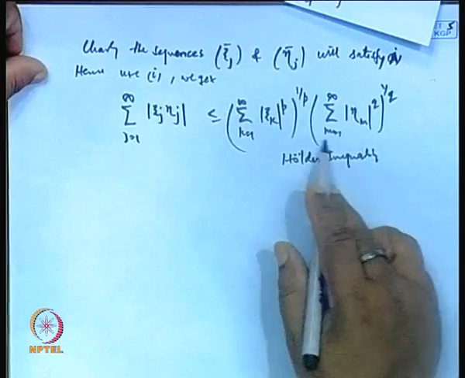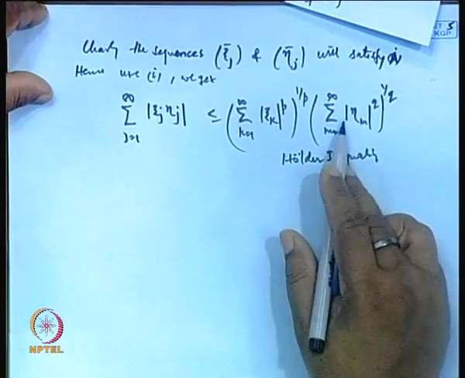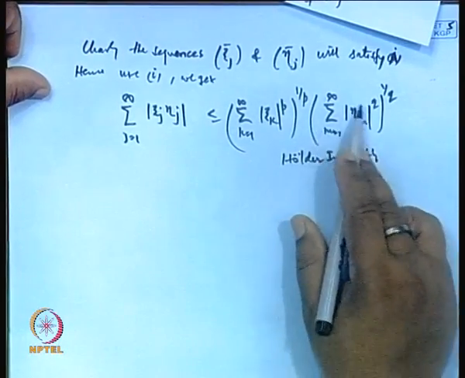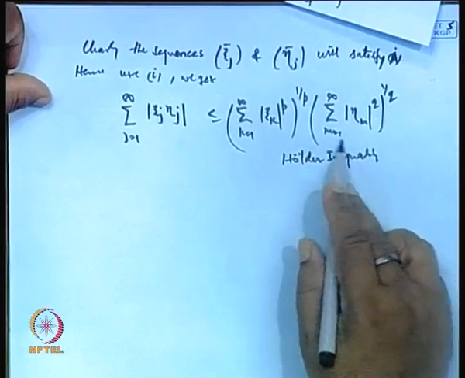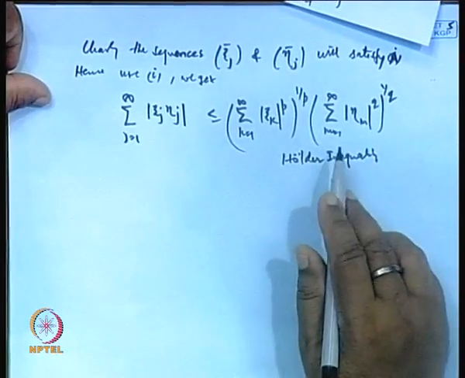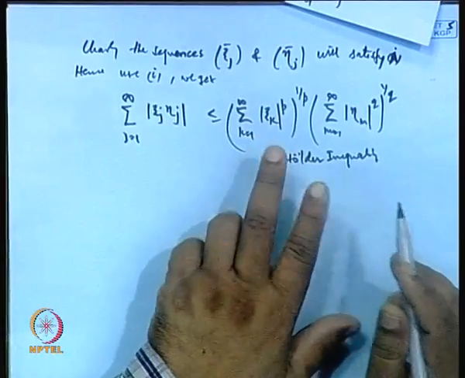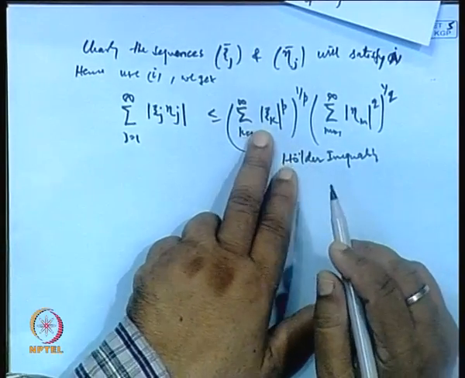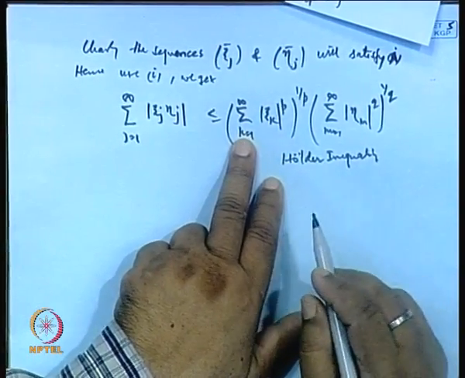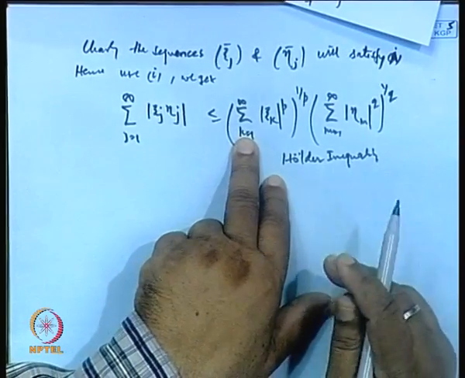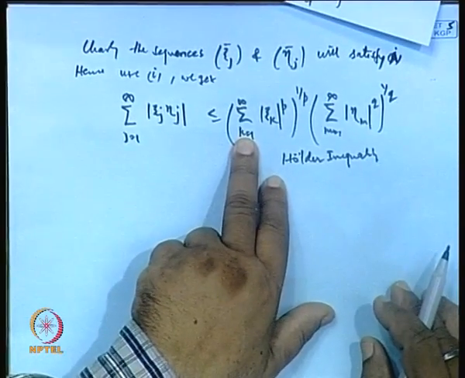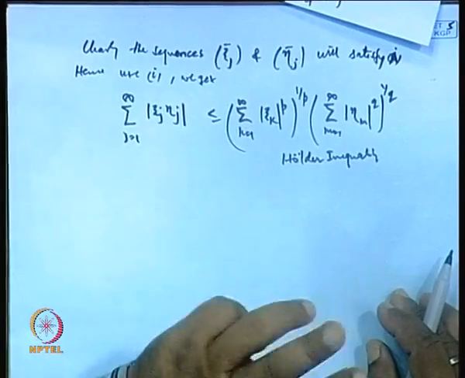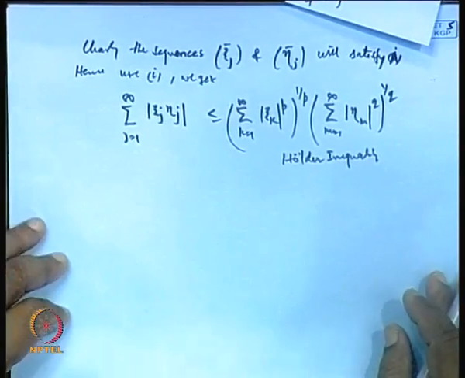Similarly, the sequence eta_m will be in l^q, so this will be finite. Therefore, when we interchange the terms, it will not affect the summation, because in case of an absolutely convergent series, the summation remains the same whether we interchange the positions of the terms.